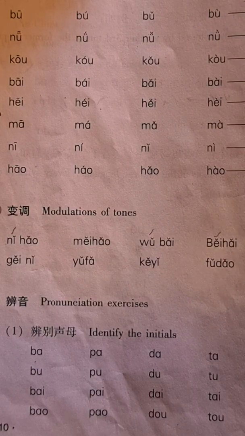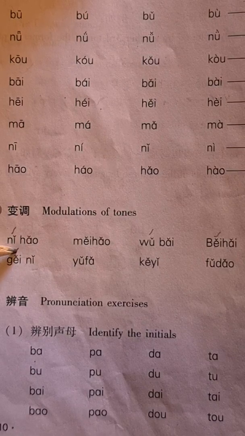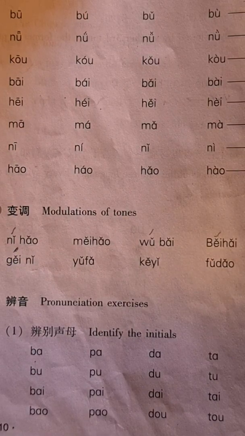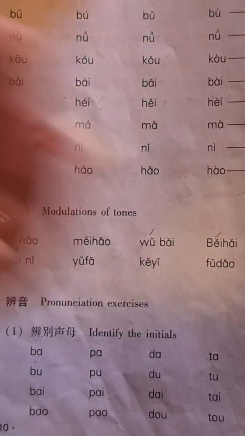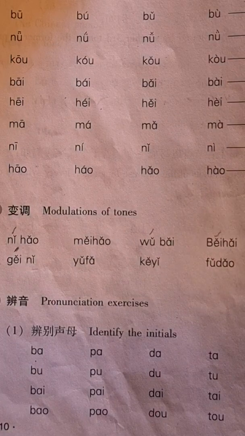So bei hai. This one here, gei ni. So we pronounce it, we change the third into second, and it's gonna be what? Gei ni, which means to give you something. So gei ni.